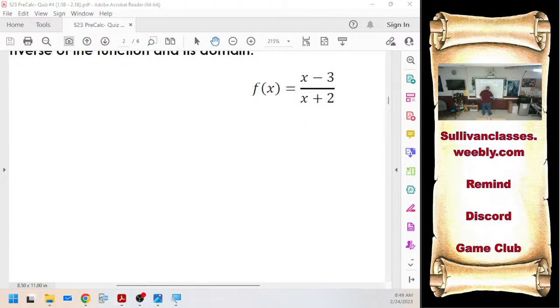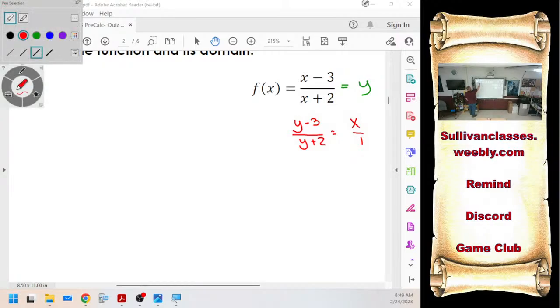Step 1, I set this equal to y. The function of x gets me the rule, gets me the output. I will swap x and y. Getting (y minus 3) over (y plus 2) is x. I'll put it over 1 just for shiggles. And then, you tell me, how do we go from here?